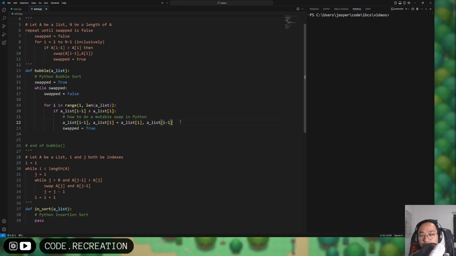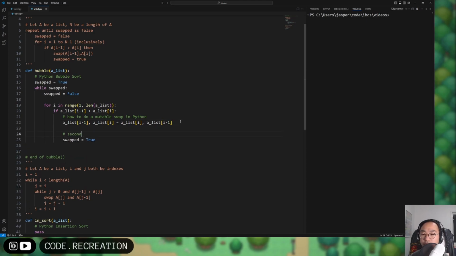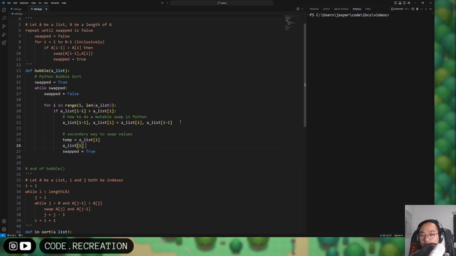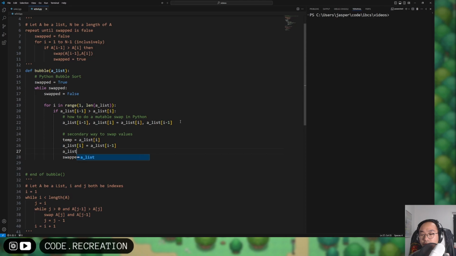But if you didn't know how to do this, a secondary way to swap values is using a temporary variable. We can say the temp variable is equal to a list at i, and then we update a list at i to have the value at a list at i minus 1, and then a list at i minus 1 is going to have the value at temp.